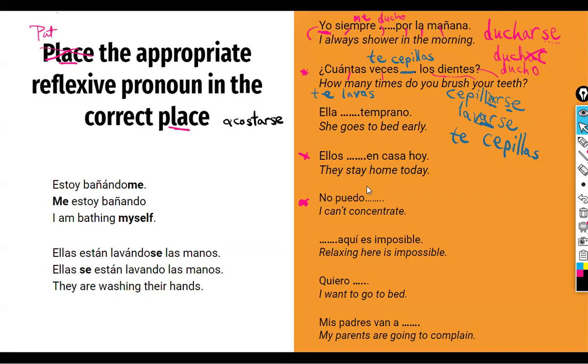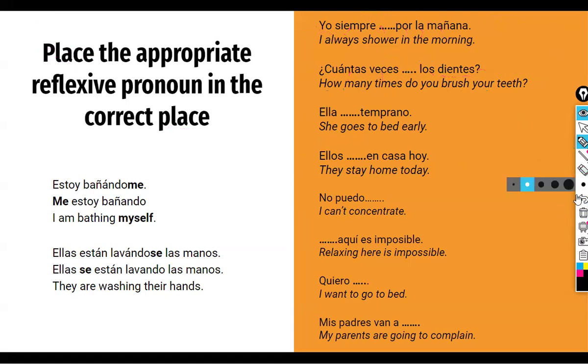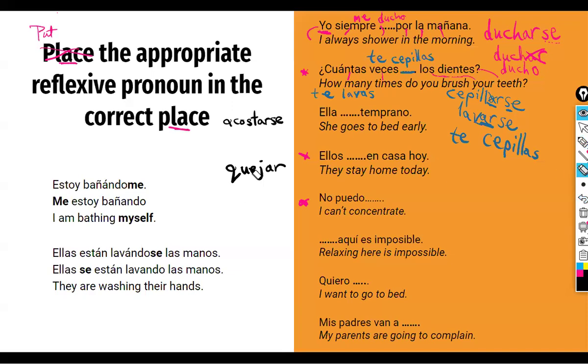If you have a good grasp of the exercise and you feel like it, feel free to work ahead. So acostarse, then stay home is quejarse. No, so not quejarse, sorry, quedarse. Oh, no, no, no. What is that, right?